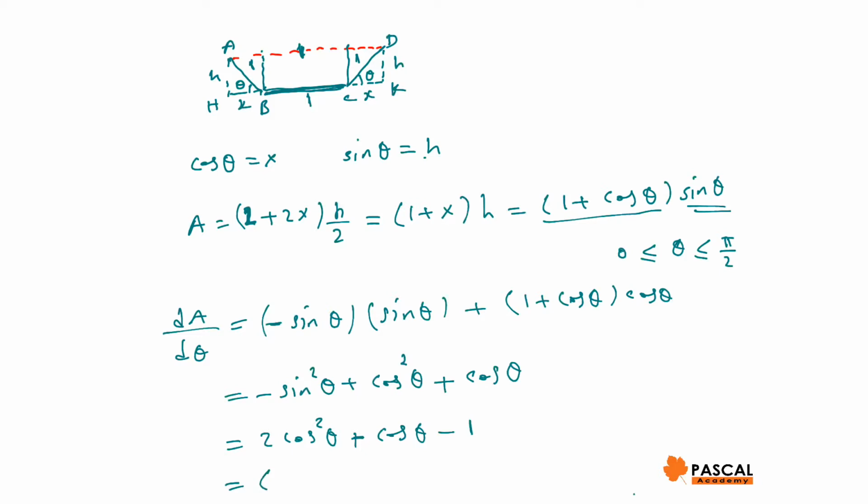This can be factored as (2 cos theta minus 1) times (cos theta plus 1). Between 0 and pi over 2, cos theta plus 1 is positive, and 2 cos theta minus 1 is 0 when theta is pi over 3.